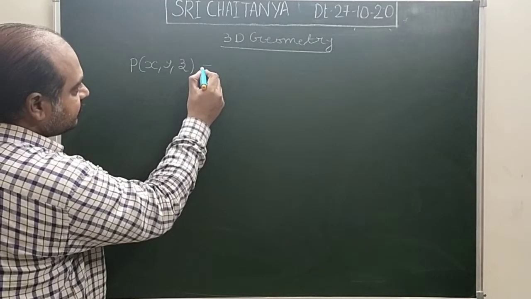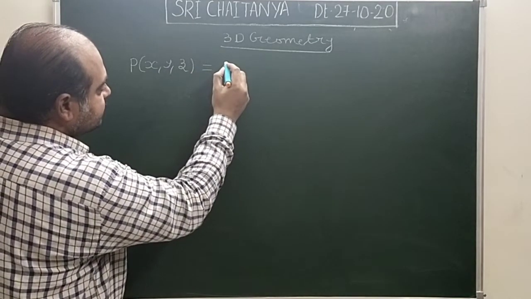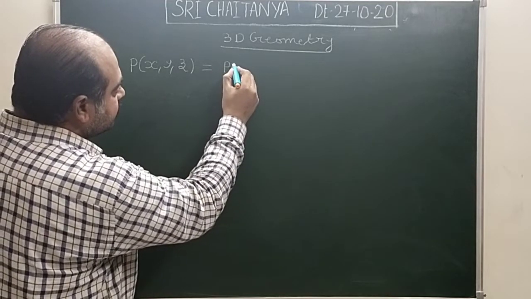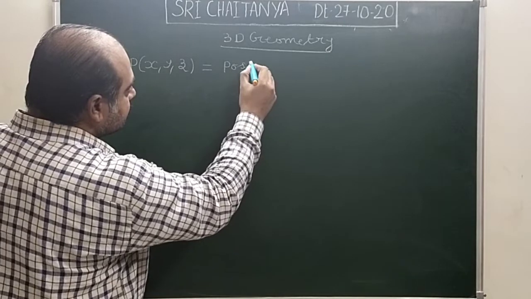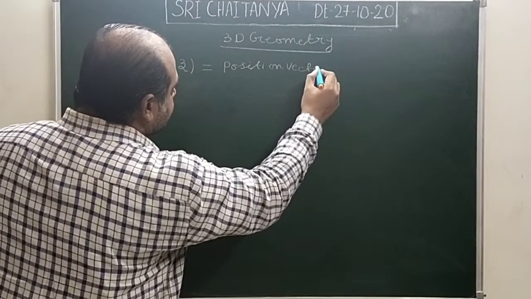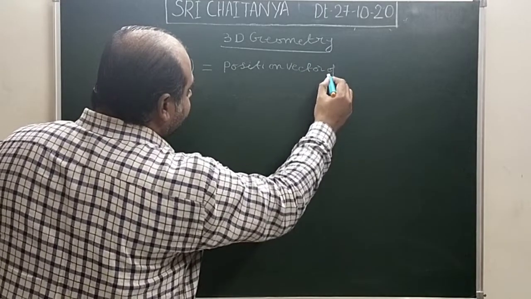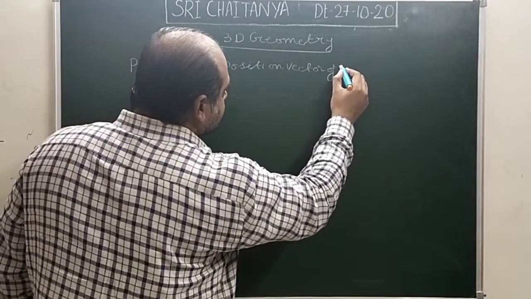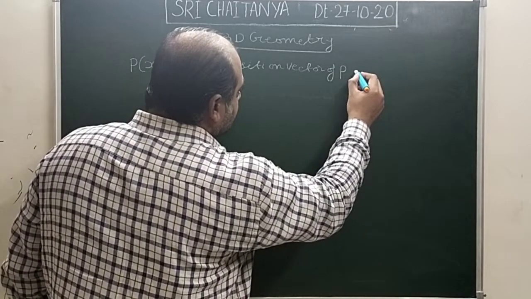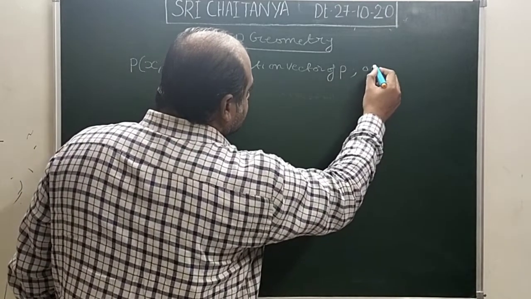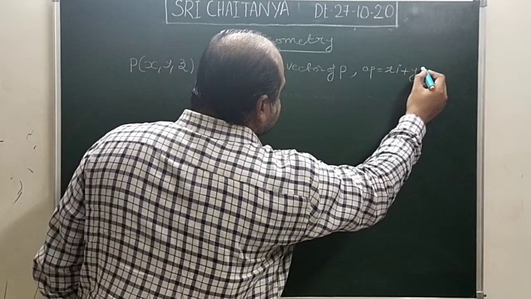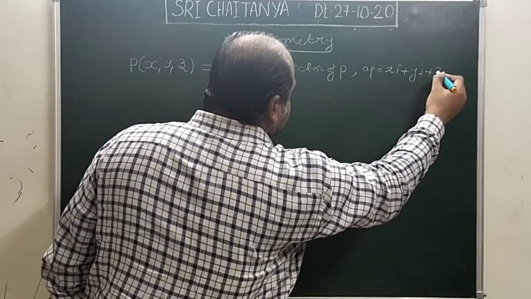This is equal to, as you know from the vector concept, this is equivalent to the position vector of P. OP equals xi plus yj plus zk.